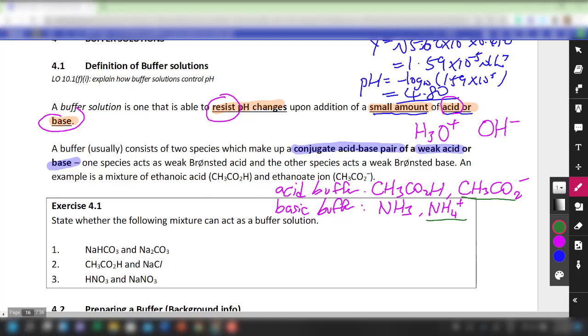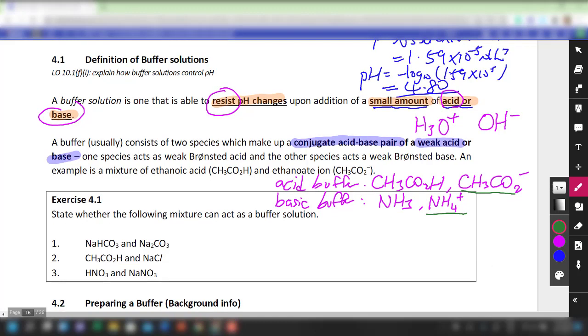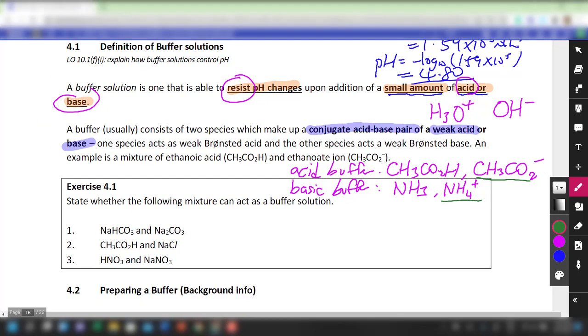You will learn more about it later on. Just take note that in order to produce a buffer, the two species involved must be a conjugate acid-base pair. That means the difference between the two species must be a H+. That is very important.